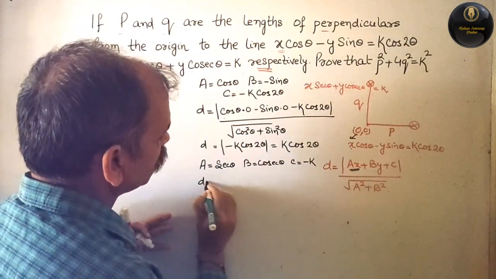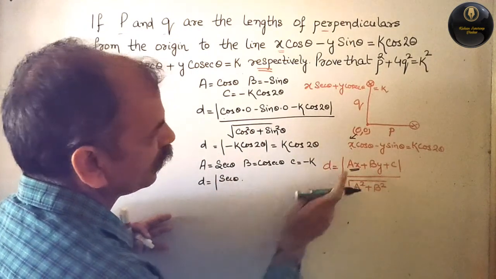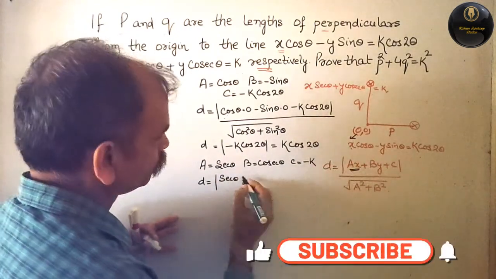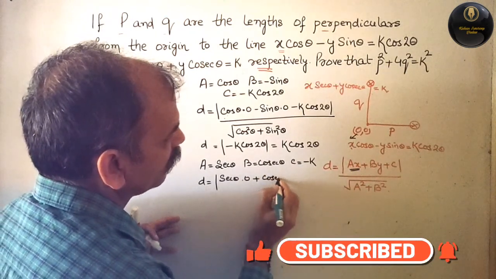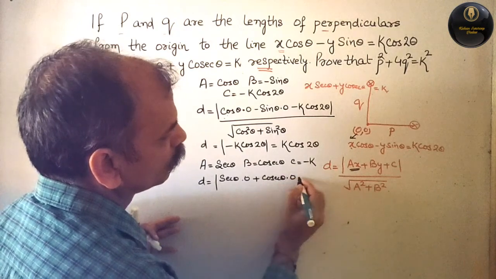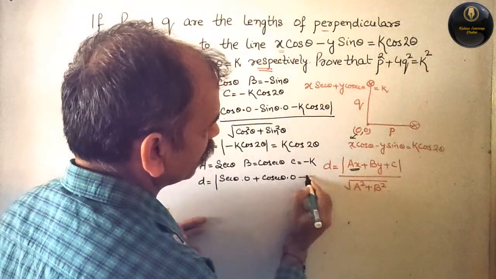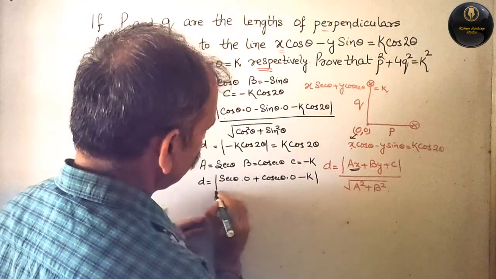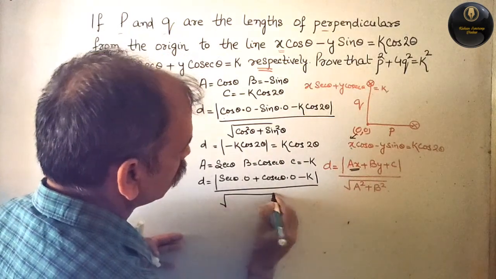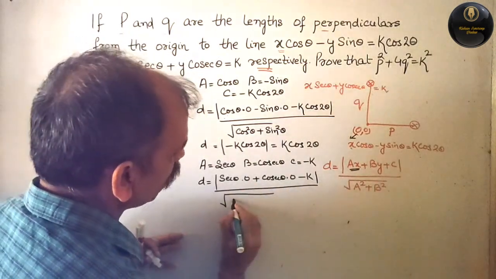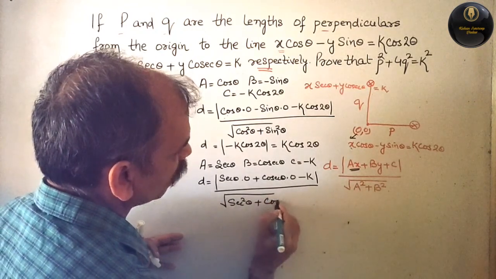We will get the distance is equal to modulus of sec theta into 0 plus cosec theta into 0 plus C, that means minus k, by root over sec square theta plus cosec square theta.